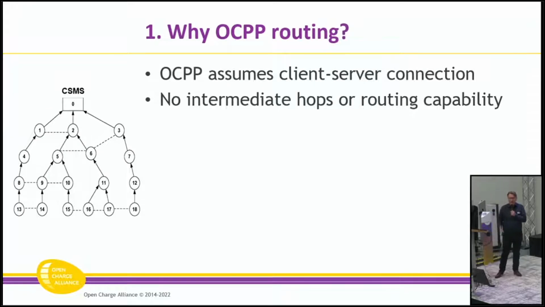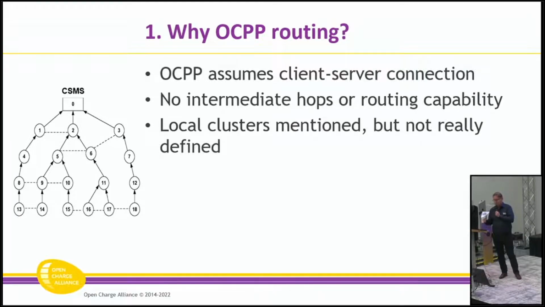So why OCPP routing? Normally OCPP assumes a client-server connection, a one-to-one connection, with no intermediate hops or routing capability. We do have the concept of a local cluster, a local router, local controller, different names for it, but it's not really well defined how to deal with that or what it can do.